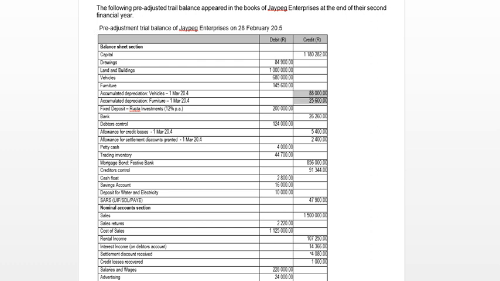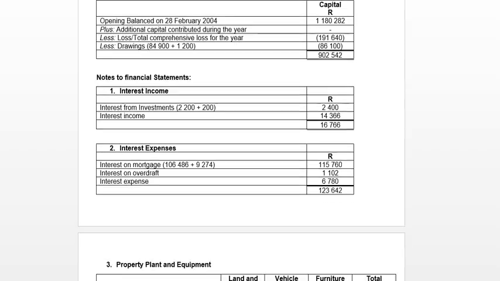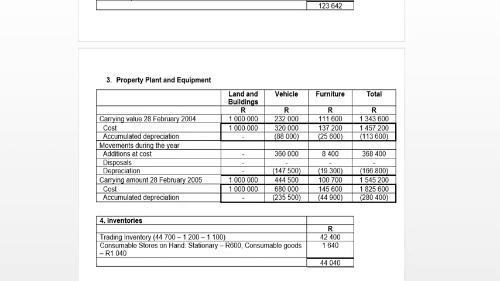Your cumulative depreciation at the beginning of the year for vehicles was 88,000 Rand, and for furniture it was 25,600 Rand. So if we record that, we said there that our closing cost price for land and buildings was R1,000,000. For vehicles, it's 688,000 Rand.